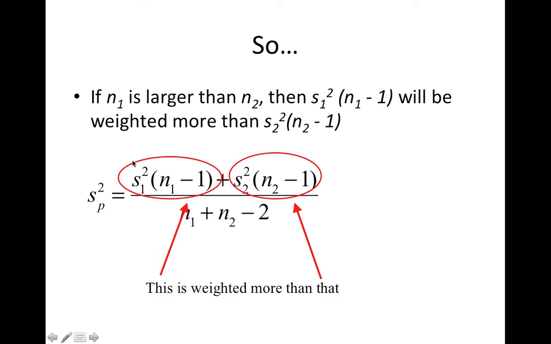In other words, this is weighted more than this. So if we have 10 observations in sample 1 and 5 observations in sample 2, we're going to give this more weight because we're going to be multiplying this by 9, whereas we're going to be multiplying this by 4. 10 minus 1 is 9, 5 minus 1 is 4. So we're going to weight the variance estimate from the first sample more than we are the second sample.